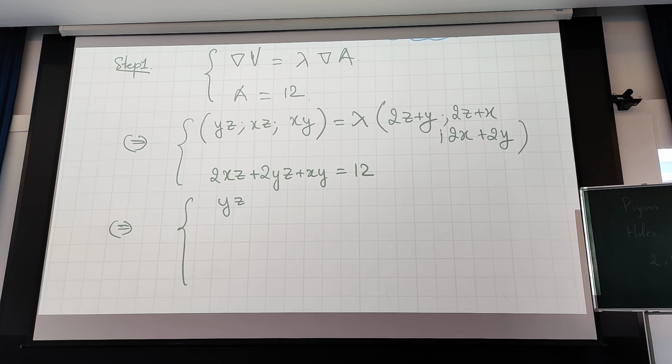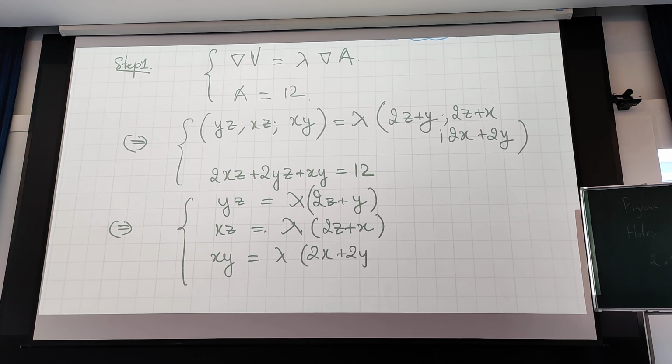We have yz equal to lambda multiplied with 2z plus y, xz equal to lambda times 2z plus x, xy is lambda times 2x plus 2y, and the last one we keep in this form.